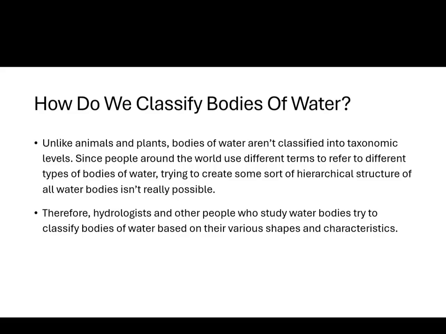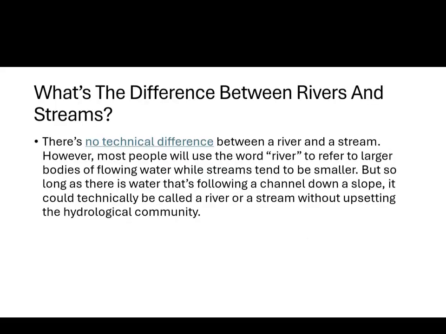The names change from country to country and from culture to culture, as you will see. Therefore, hydrologists and other people who study water bodies try to classify bodies of water based on their various shapes and characteristics.